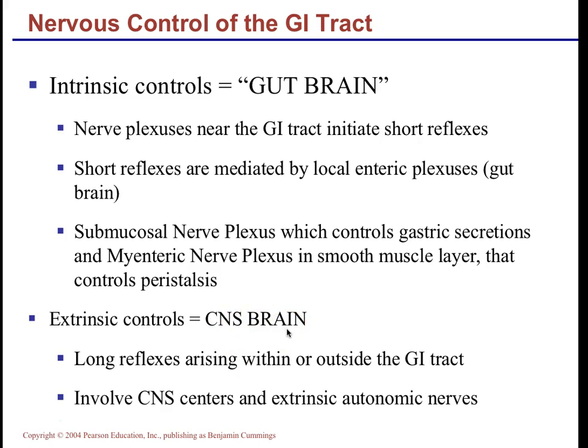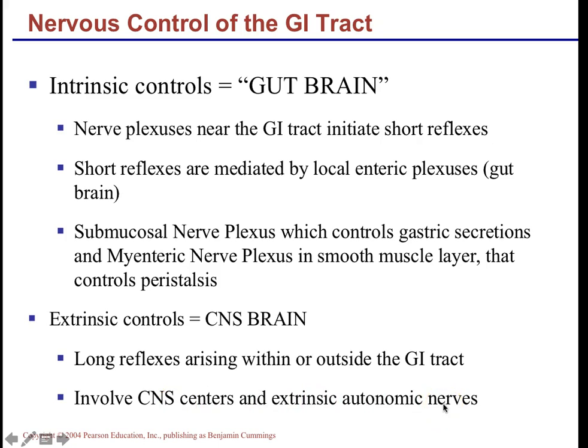Now, ultimately, the central nervous system brain is going to overlook everything. It's great for overlooking. It's not very good for specifics as far as your GI tract goes, but it is there for an overview. And since it's a long way away from your stomach and your small intestine, it's called a long reflex, and it is going to involve mainly your brain and your autonomic nerves.